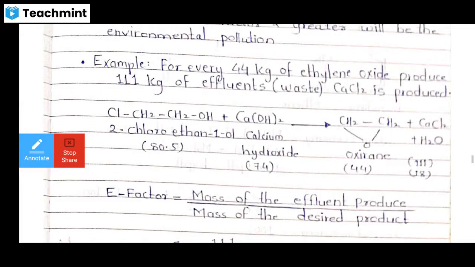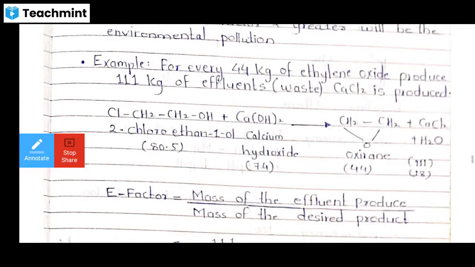The weight of the 1-chloroethanol is 80.5, and calcium hydroxide is 74, and you will get the product oxirane having the weight of 44, and calcium chloride having the weight of 111, along with water.